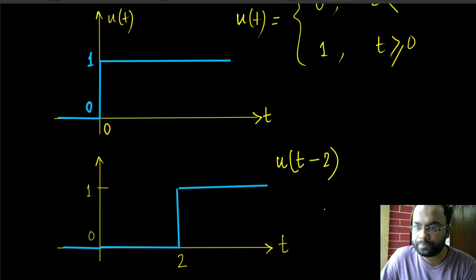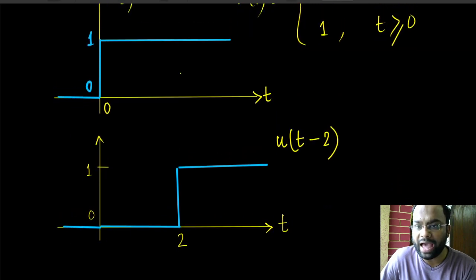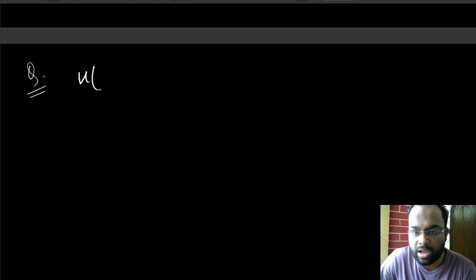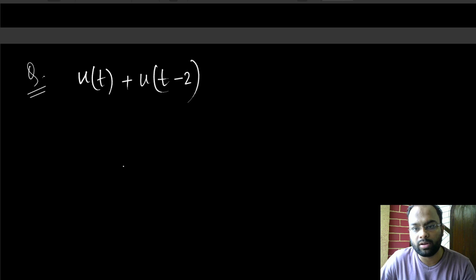With that said, let me ask you this. We have these signals, right? This is u(t) and this signal is u(t minus 2). What if I want to add these two signals up? My question to you is this: what would this signal be like? I want u(t) plus u(t minus 2). What would this signal be like?